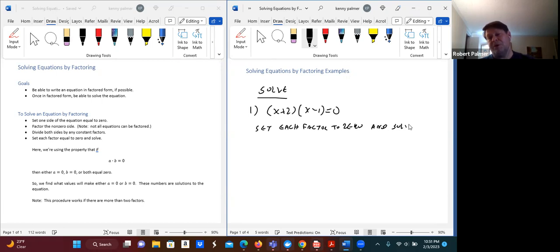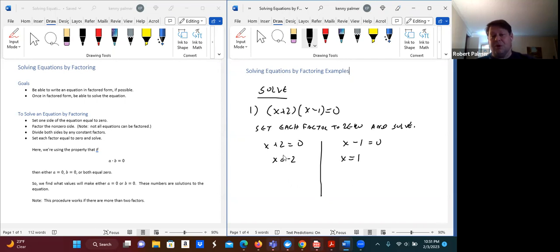We want to find which x makes each factor 0. So we have x + 2 = 0 and x - 1 = 0. These are easy to solve. So we get that x = -2 and x = 1.